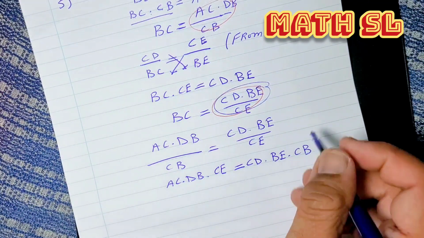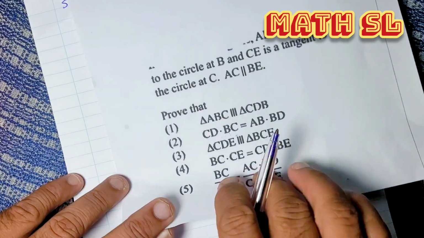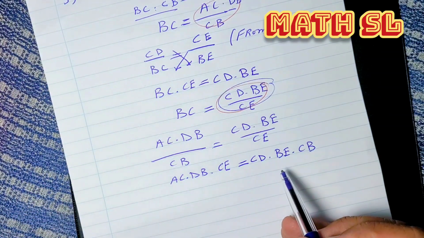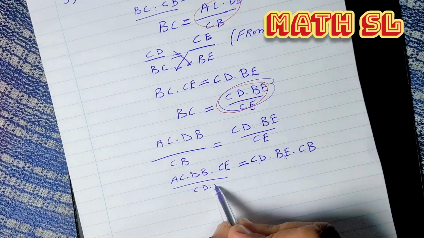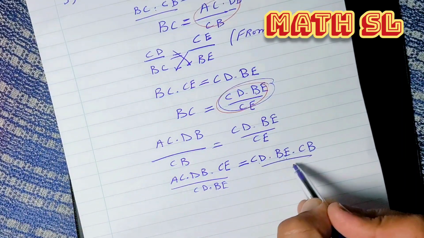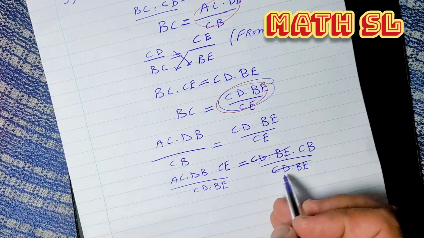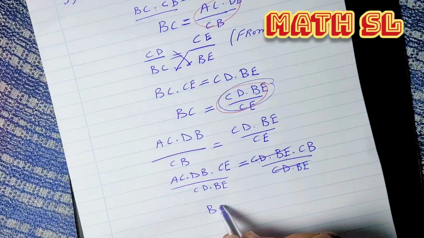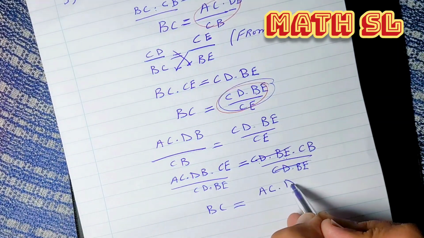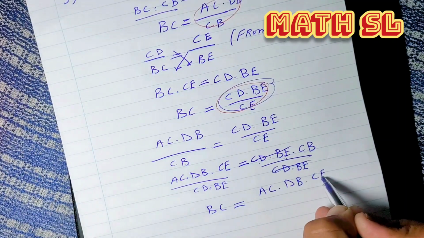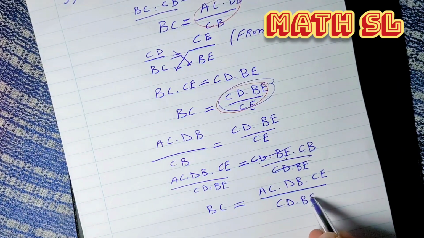Now according to the question, you need CD and BE at the bottom. So CD and BE we have on this side, so we divide by CD and BE on both sides. Cancel, only BC is left here. I can pull this side, which means AC times DB times CE over CD times BE.